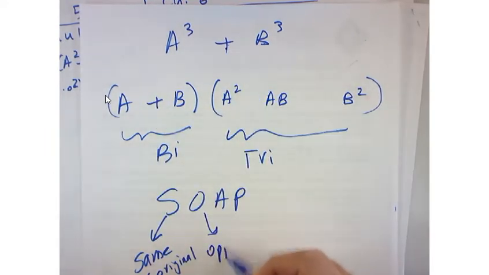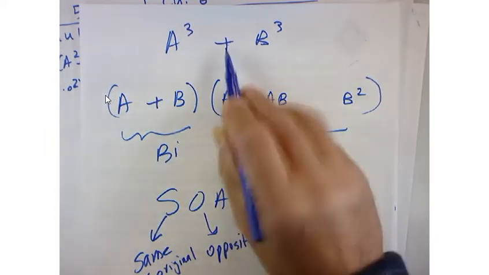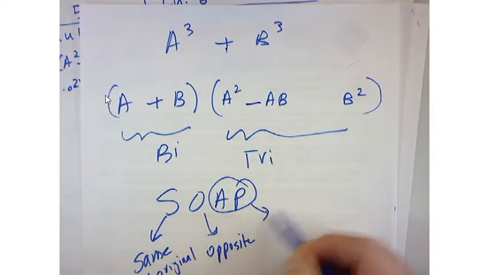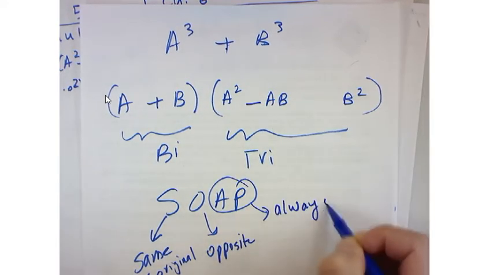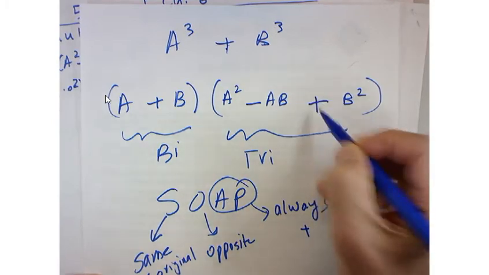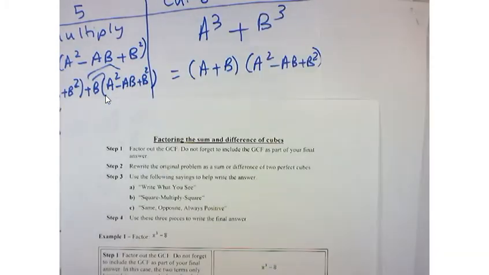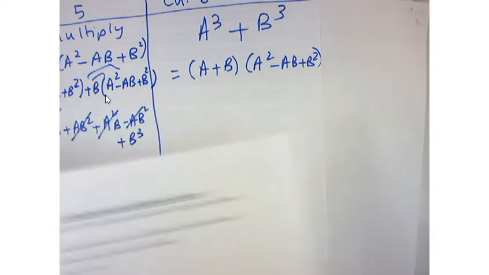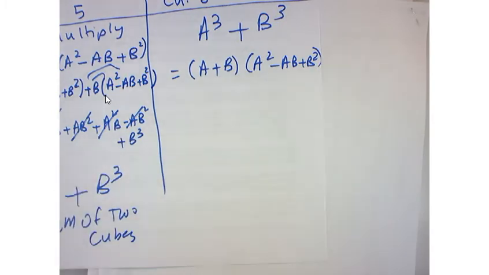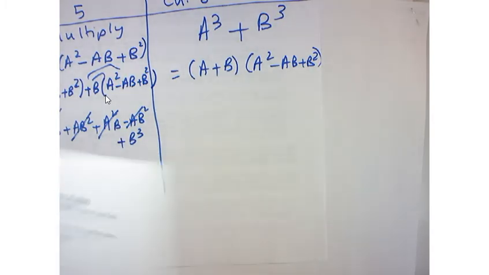Opposite to the original, so this must be a minus, and that's always plus. Excuse me, and that works for the sum or difference of two cubes. And it's all in the handout that you have on D2L. So we're going to practice that.